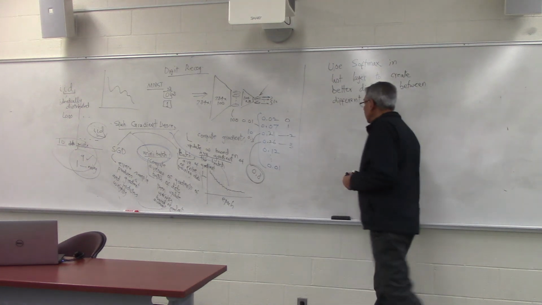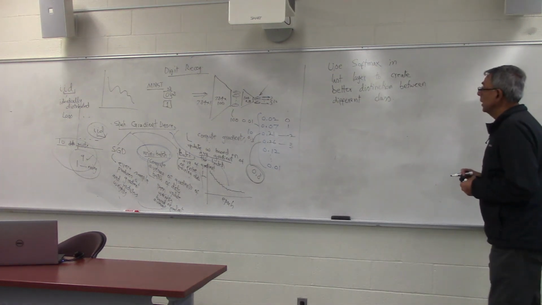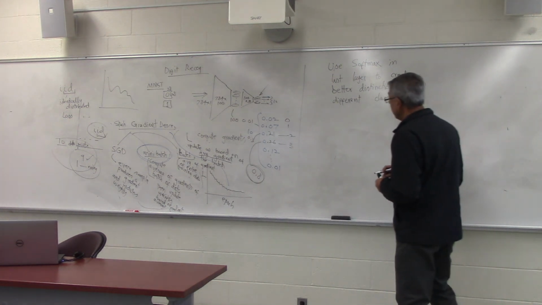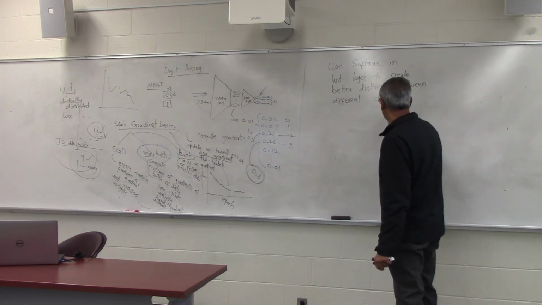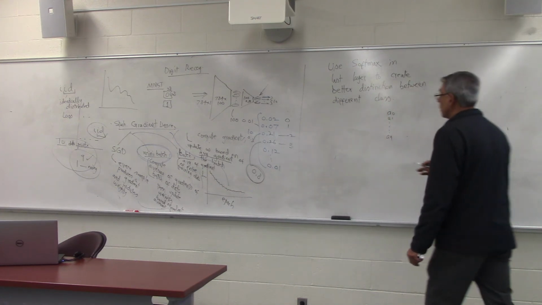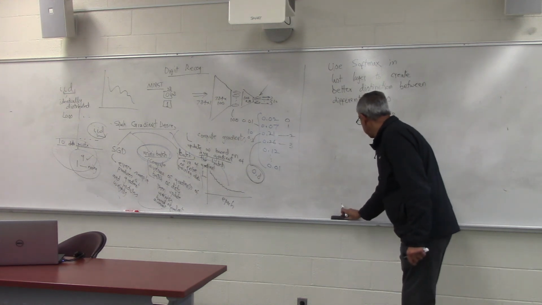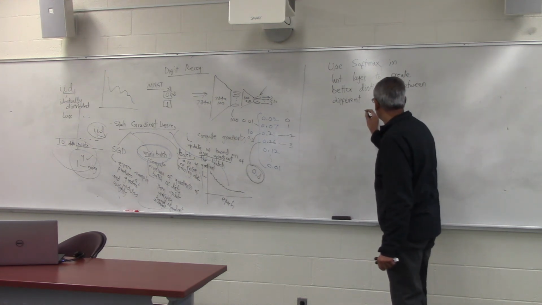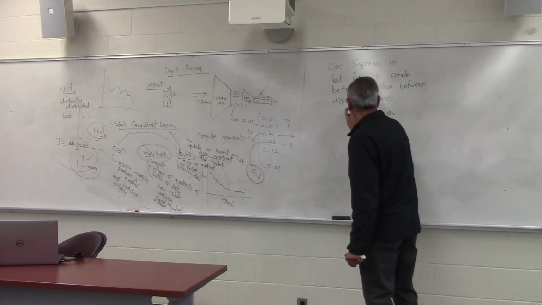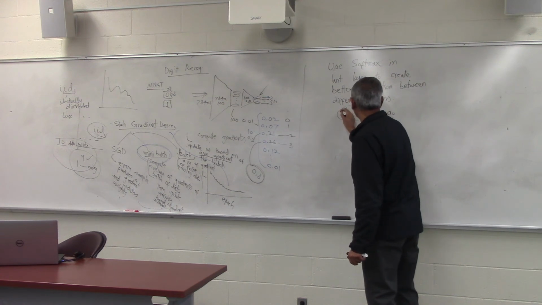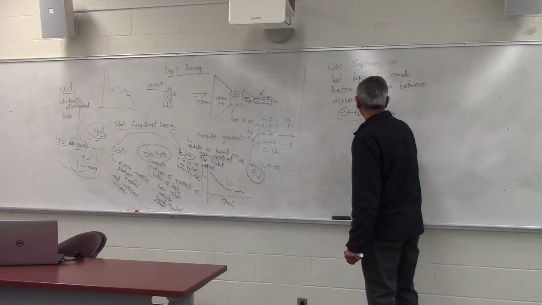Okay, and the idea in softmax is extremely easy. So suppose we have 10 outputs, right? Suppose I call them A0, A1, through A9. So these are the actual outputs. If you take a look at every neuron, there's a sum, and then there's an activation function.